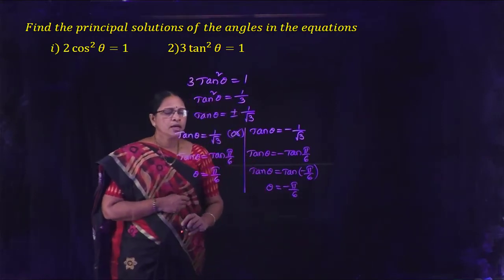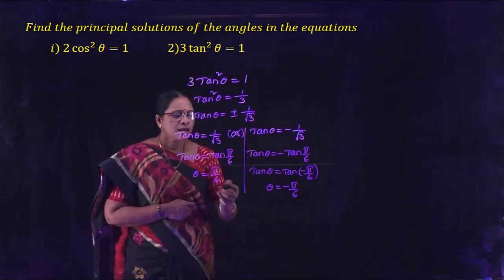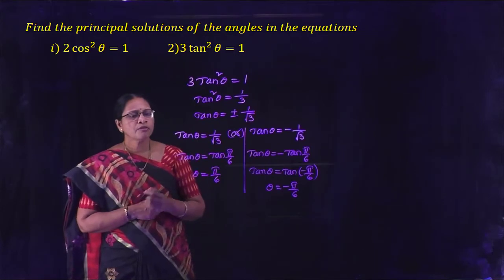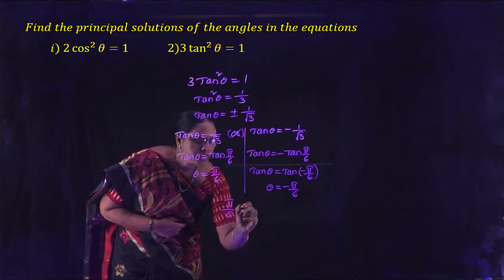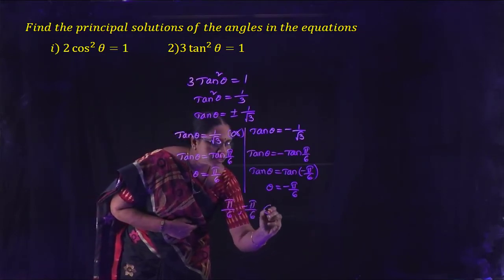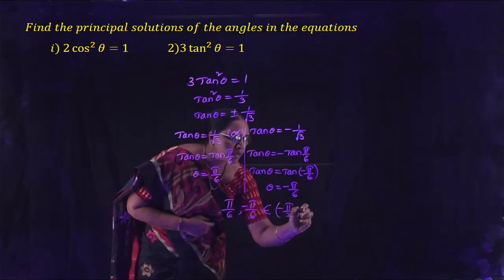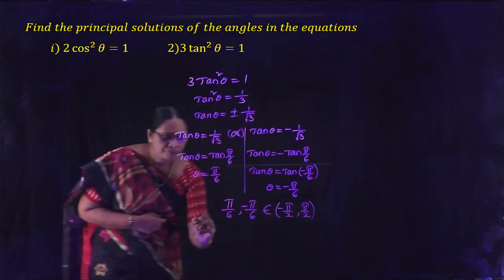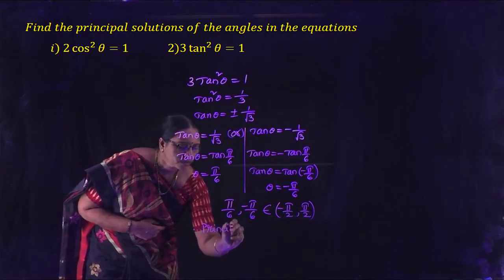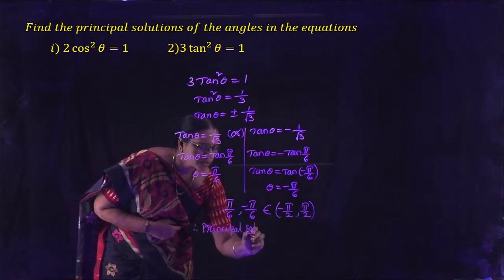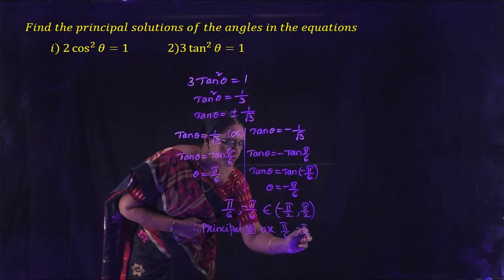Here theta equal to pi by 6 and theta equal to minus pi by 6 lie in the principal domain of tan theta equal to k, that is, the open interval minus pi by 2 comma plus pi by 2. Therefore, the principal solutions are pi by 6 comma minus pi by 6.